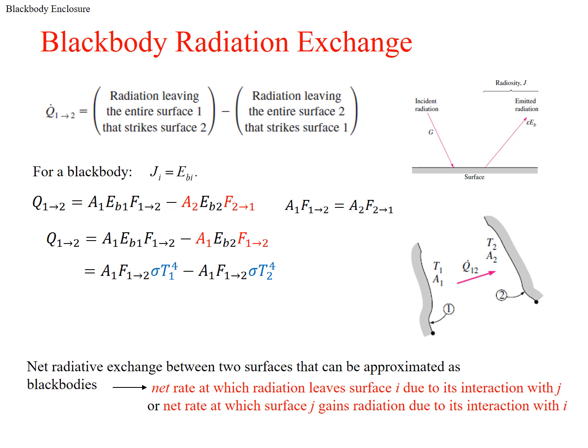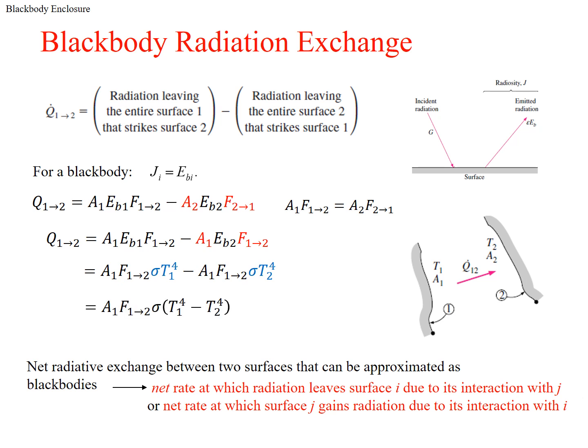Again, from a couple of lectures ago, we know that emission from surface 1, a black body, is equal to the Stefan-Boltzmann constant multiplied by the temperature of that surface to the power of 4. So EB1 depends on the temperature of surface 1, and EB2 depends on the temperature of surface 2, and that's how these two T1 and T2 show up.